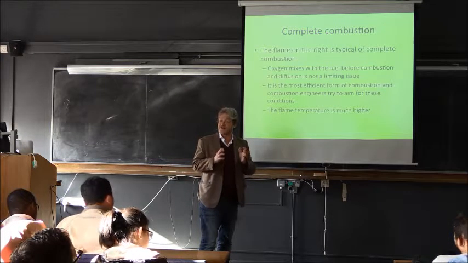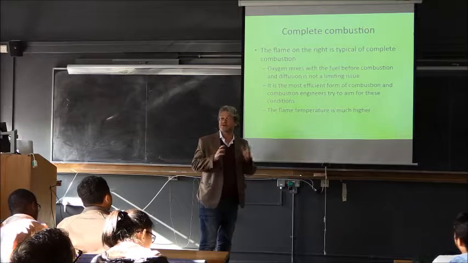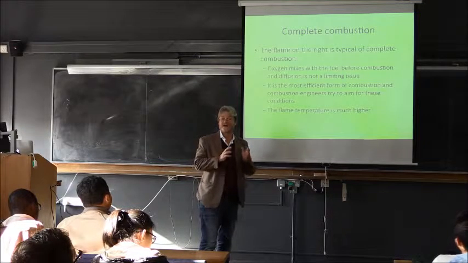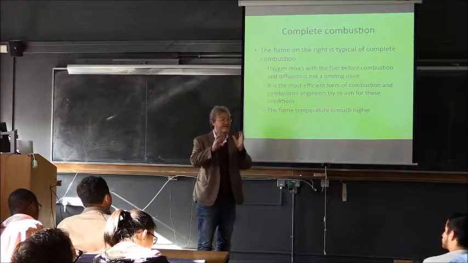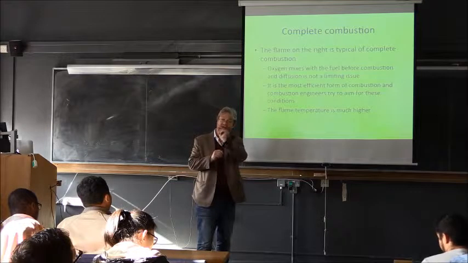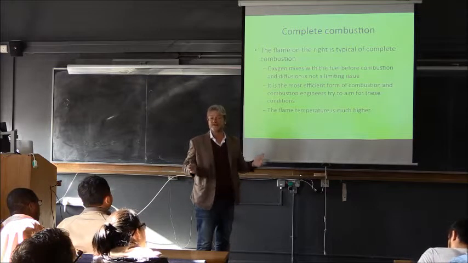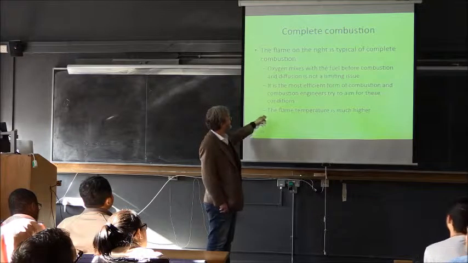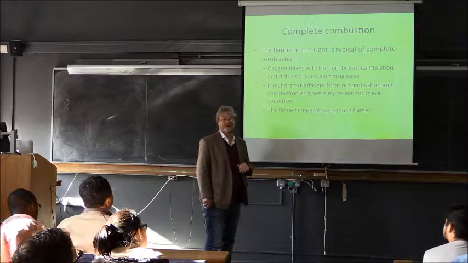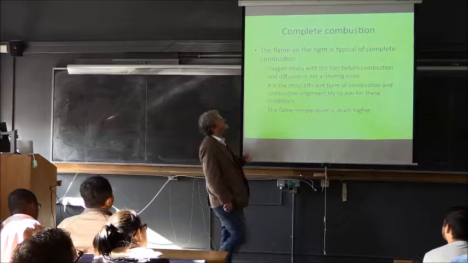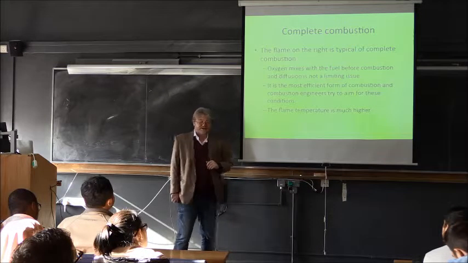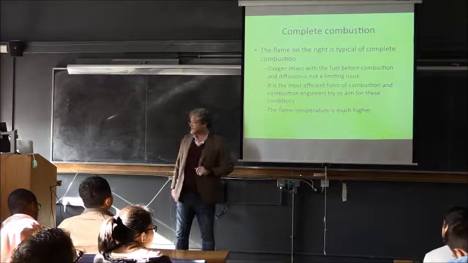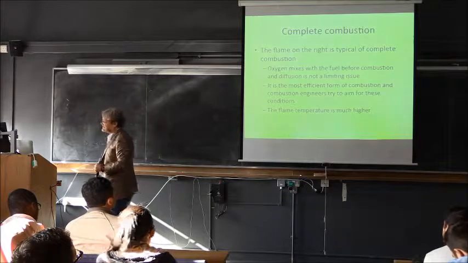There's not much radiation of energy away from the flame, you can't see it. So of course in our incomplete flame, the yellow, in fact you can see it, means that you're getting energy radiated out of the flame, which again reduces the amount of heat energy you can get out of it. And as I said, the flame temperature is much, much higher. So that's basically these two types of combustion.